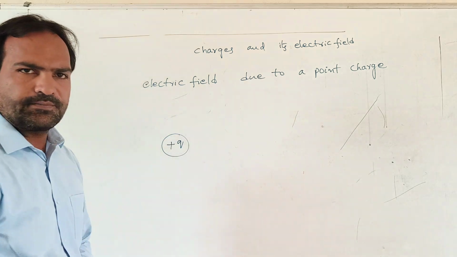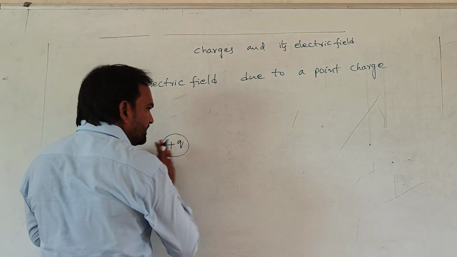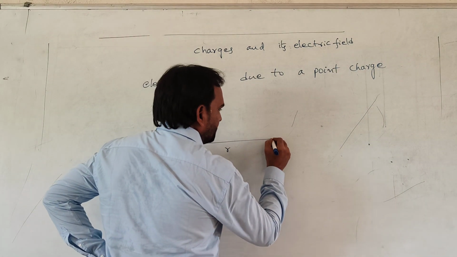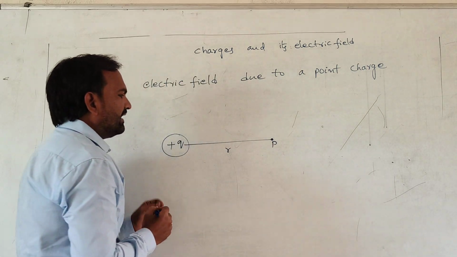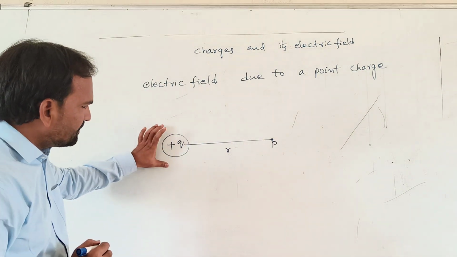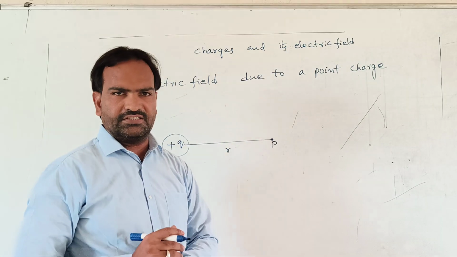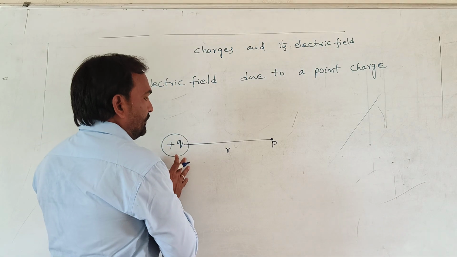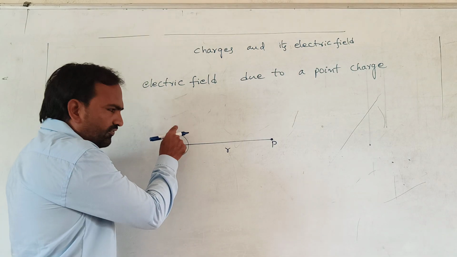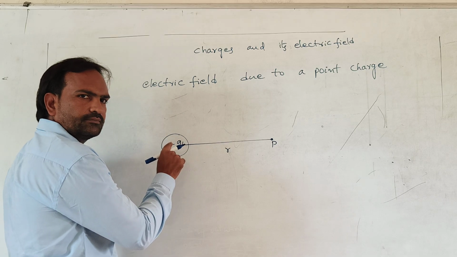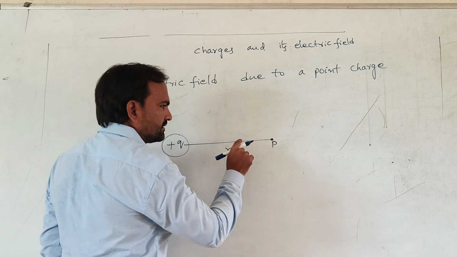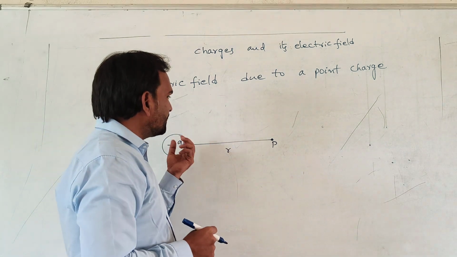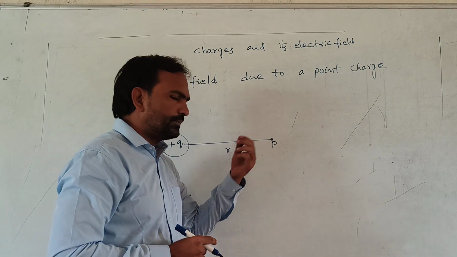From this positive charge at some distance, take one point P. To find the electric field intensity due to this point charge at point P.